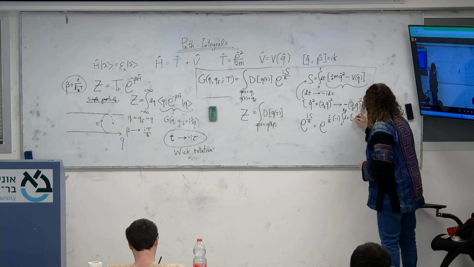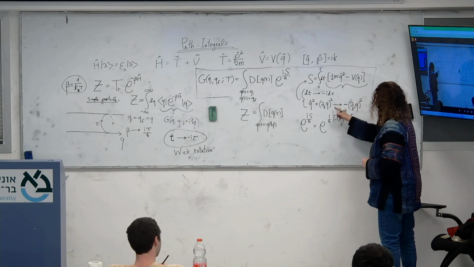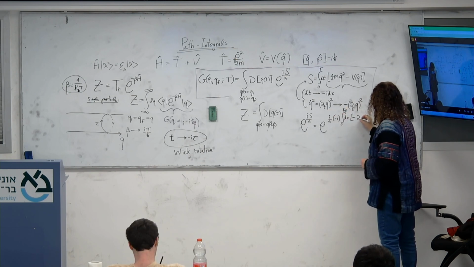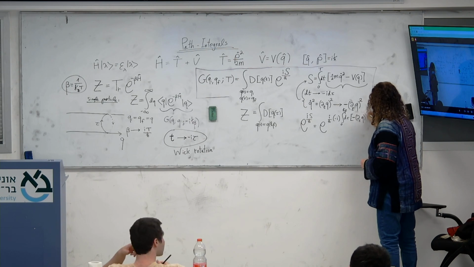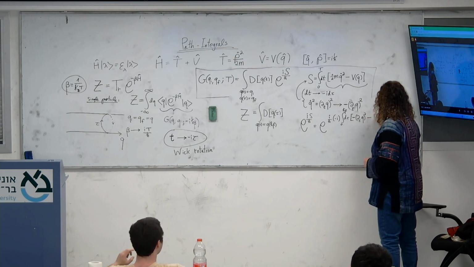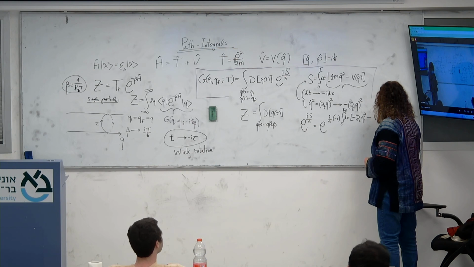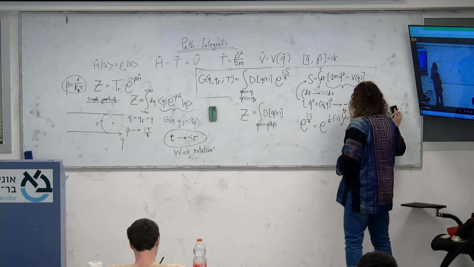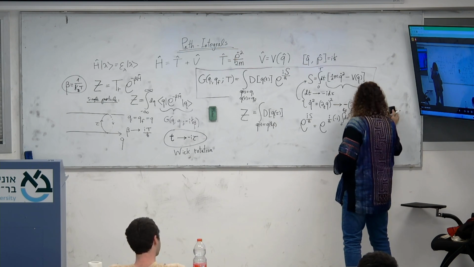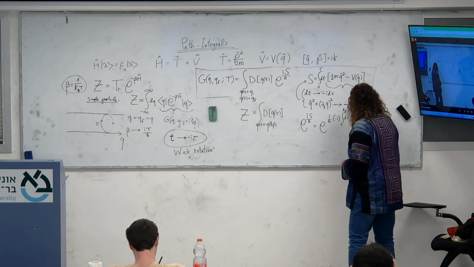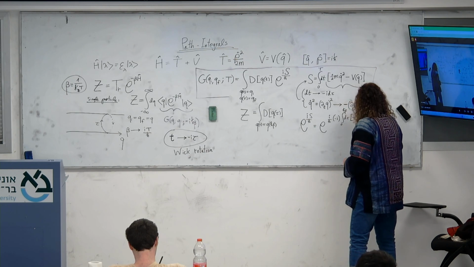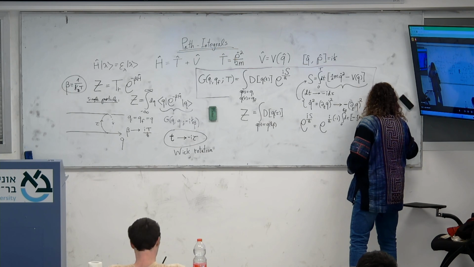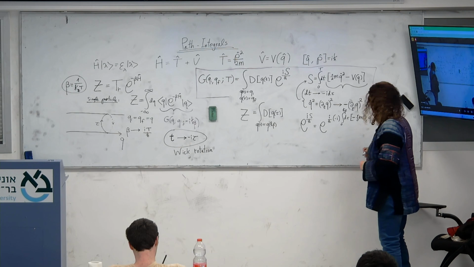I have minus d tau q squared minus V of q. Sorry? The m over 2. Yes, of course. It's 1/2 m d tau q squared minus V of q. Right?